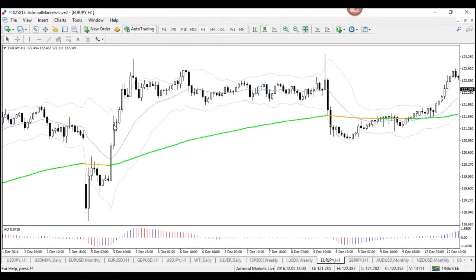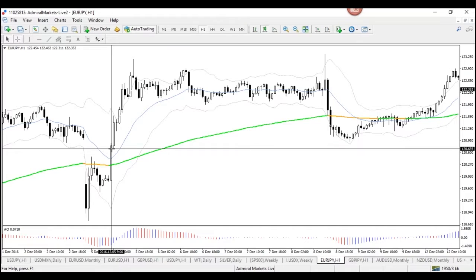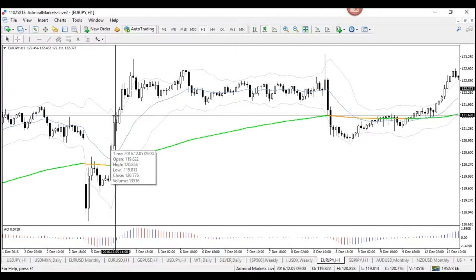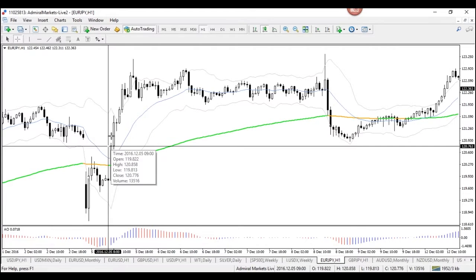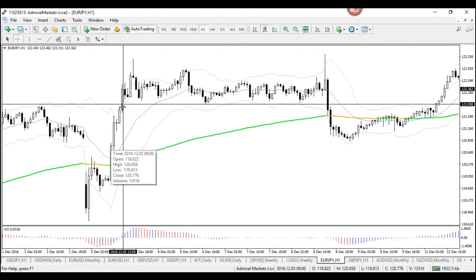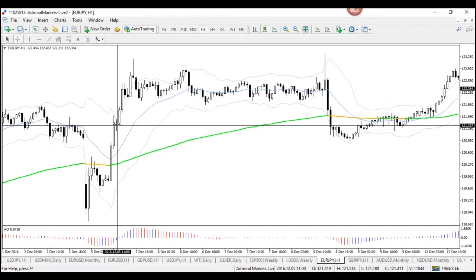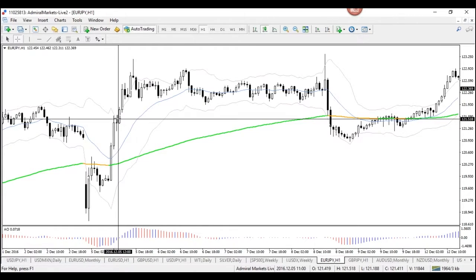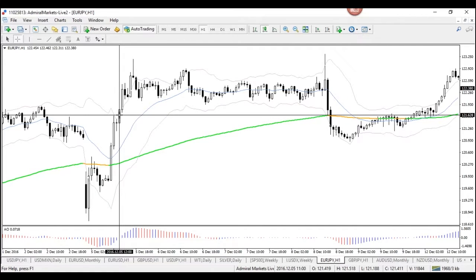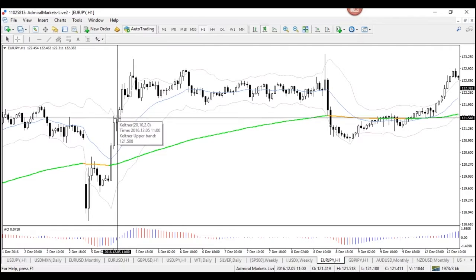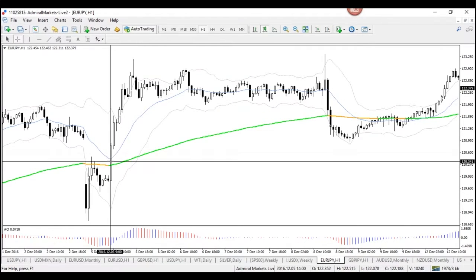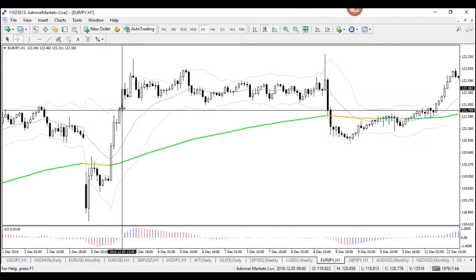Bigger size candles, close near the high, higher highs and higher lows, and only one didn't here, but that's okay. Still a higher low, just not a higher high, but that's okay. One candle like that is fine. Even 2 or 3 up to 5 is fine.